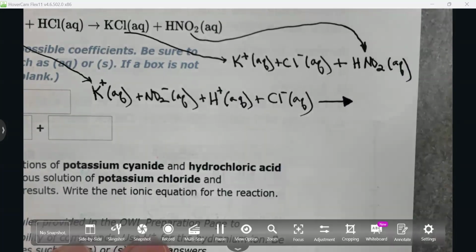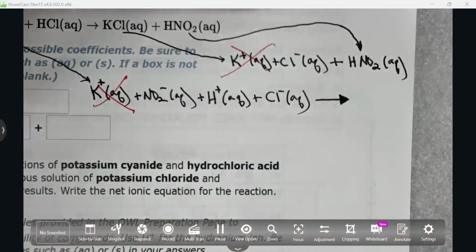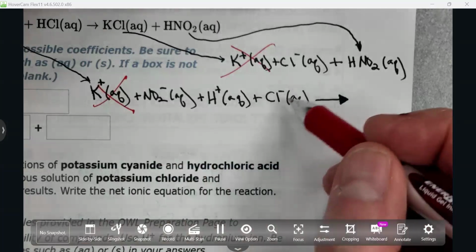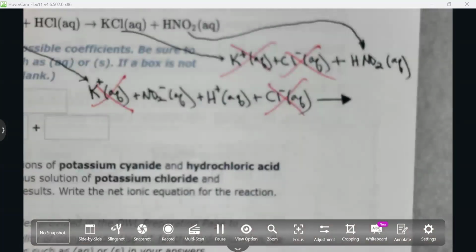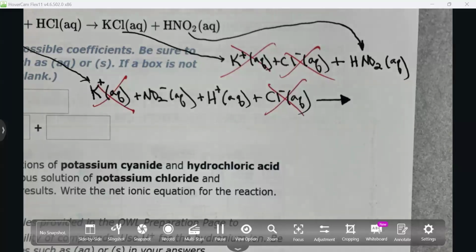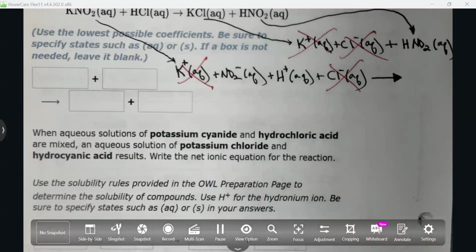If we cross out our spectator ions, potassium, potassium, chloride, chloride, we're left with our net ionic.